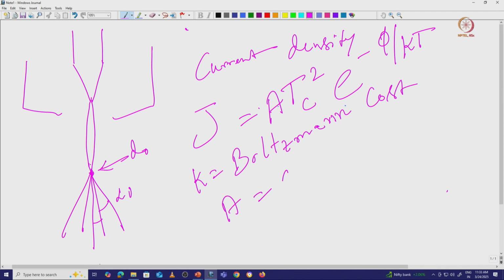A is a constant again, and this constant depends on the metal, what metal we are using.